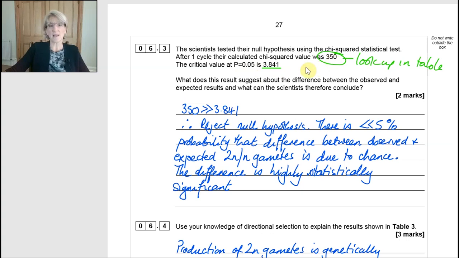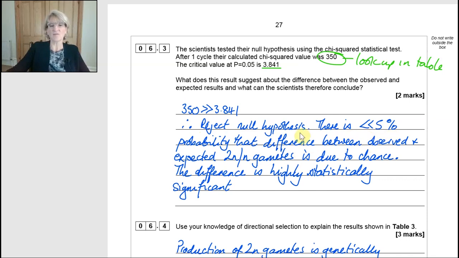This is clearly a much bigger number than this. P equals 0.05, that is the probability that this number is due to chance. So I've said that 350 is much greater than 3.841, so I reject the null hypothesis.